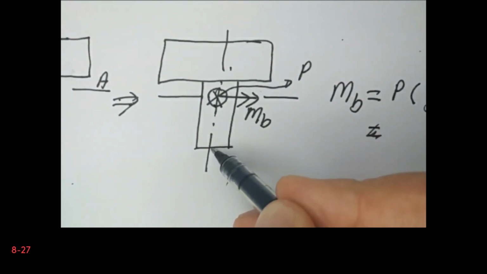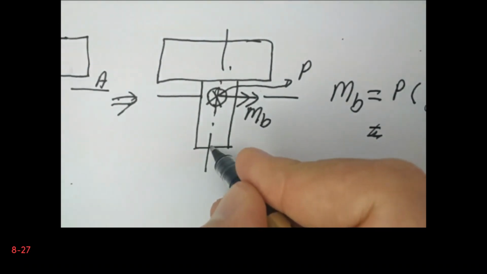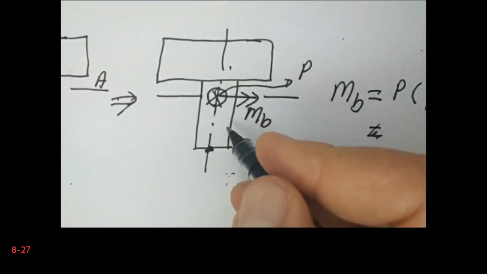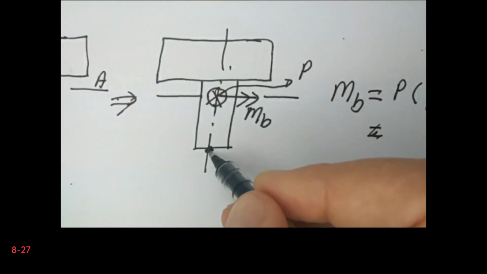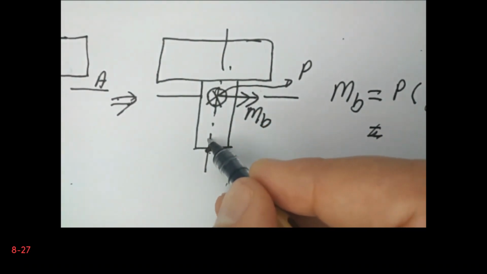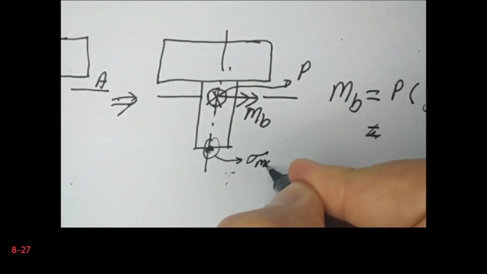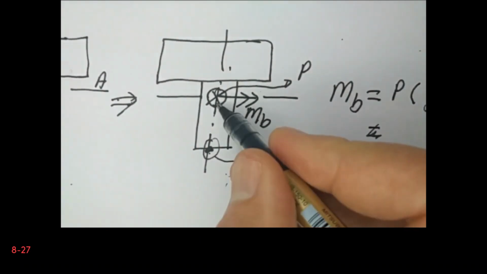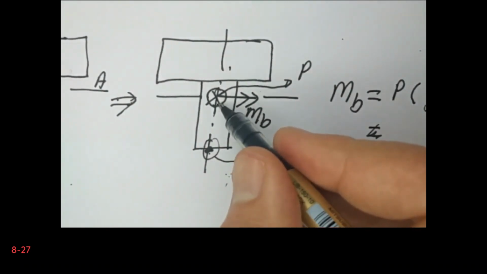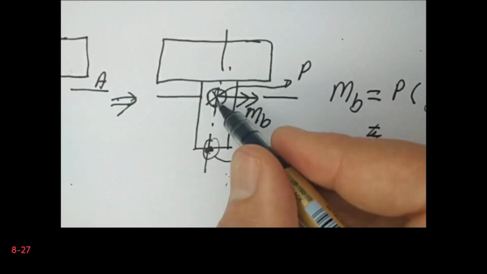Obviously, I can say that in this type of loading, I see the maximum stress here, because this will generate a compressive axial normal stress, and this will generate a compressive stress here.